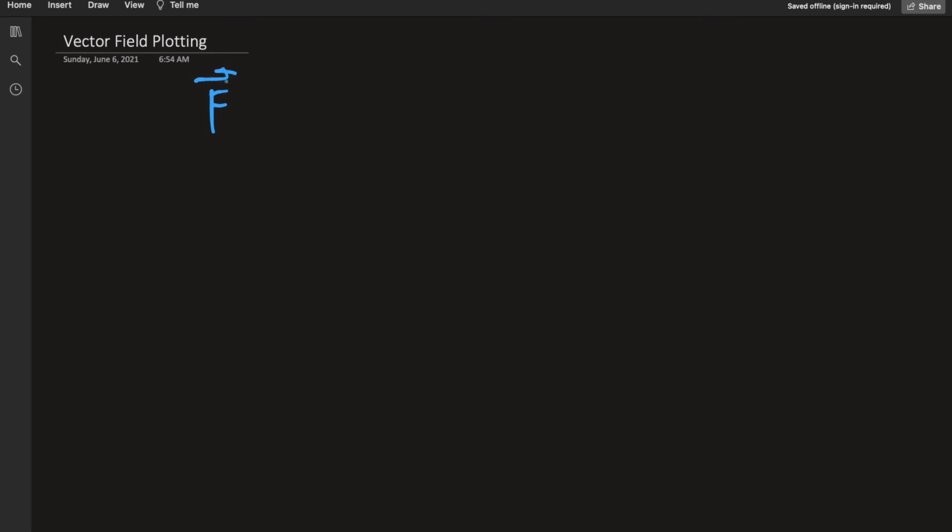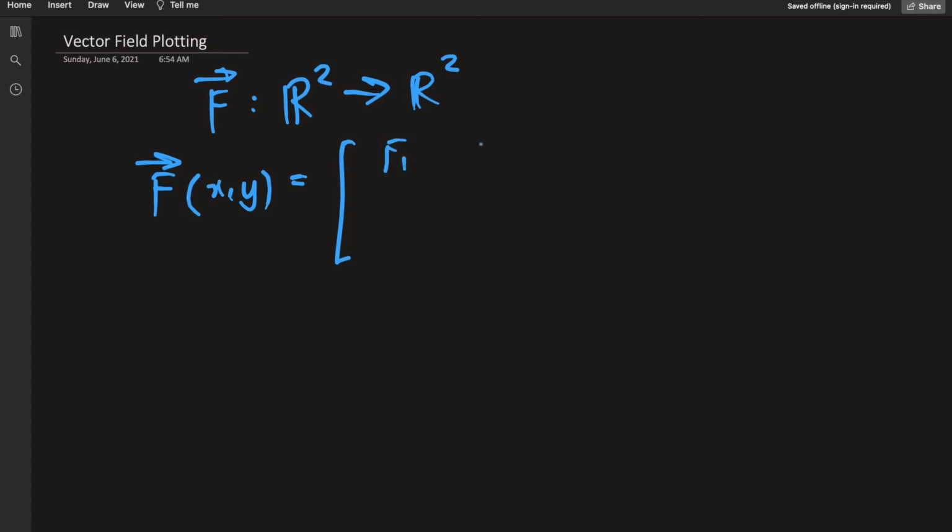What if you have a capital vector field F that maps points in R2 to points in R2? So you can write this out as F of (x, y) equal to, say, (f1 of x and y, f2 of x and y), two components.